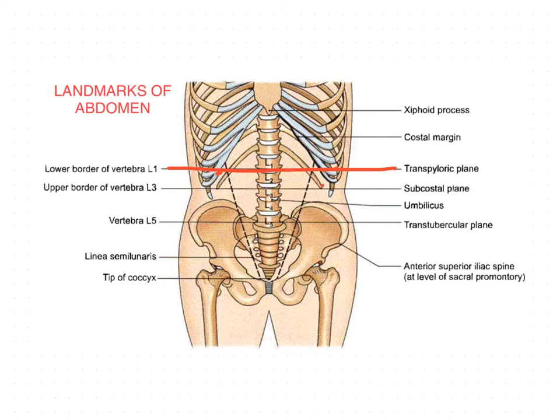The 12th rib may be just palpable lateral to the erector spinae or may extend beyond it.